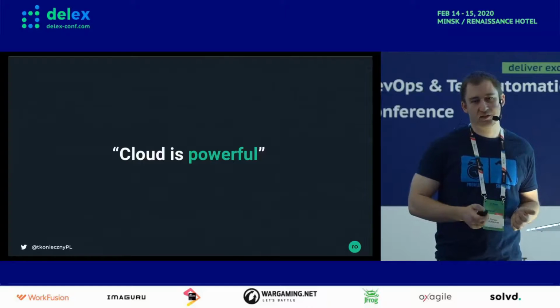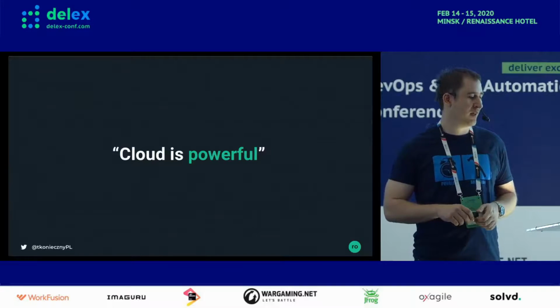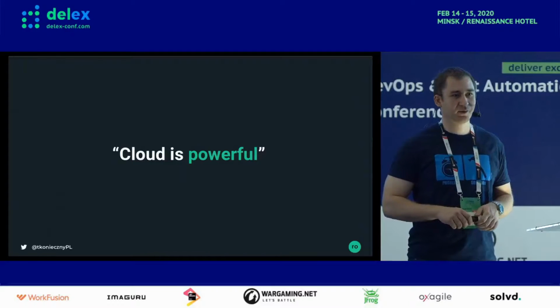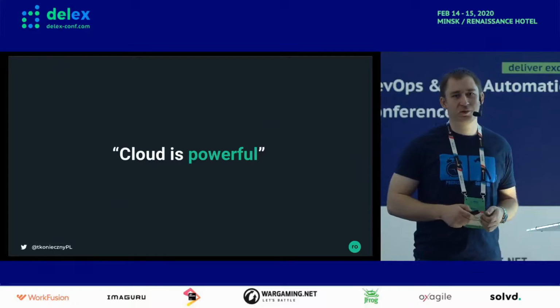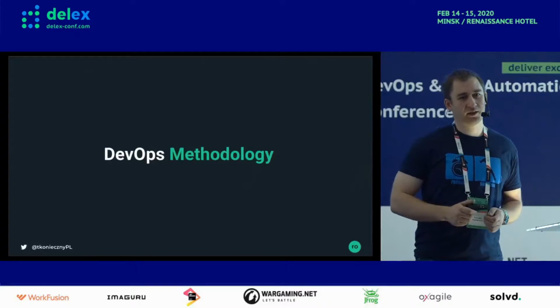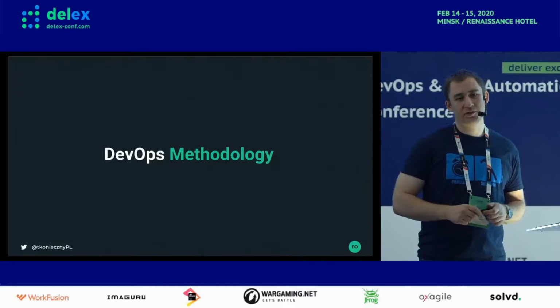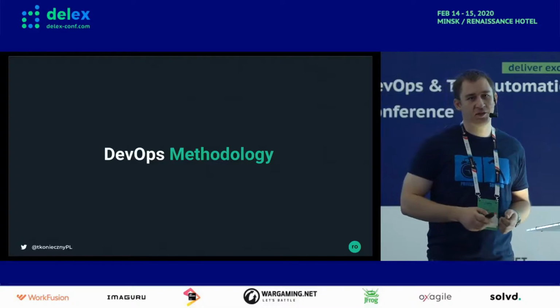Otherwise, we'd have to think about the whole infrastructure and manage it. And it would not only require a lot of time, but also it would be quite difficult. And probably we won't achieve results that great. And the second thing is that I think we should think more about DevOps as a methodology. I mean, the original meaning of this word.